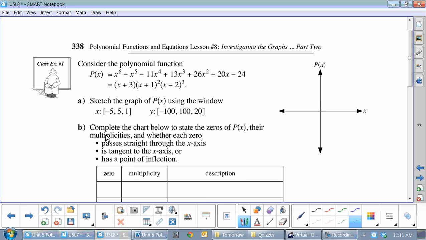Now the first thing you have to look at is the degree. Is it even or is it odd? I want you to write all of these things. We've got an even degree. Positive or negative? It is positive. What always happens with even degree positive?